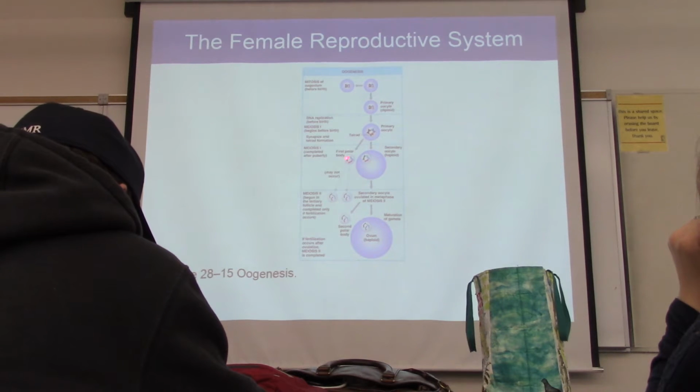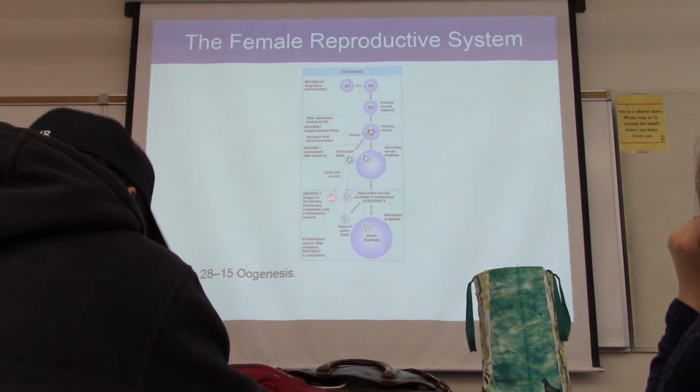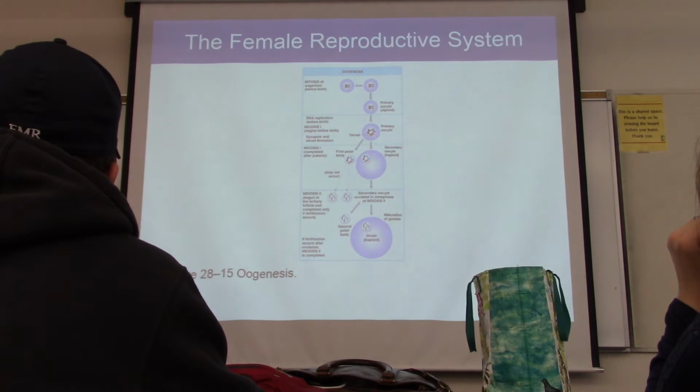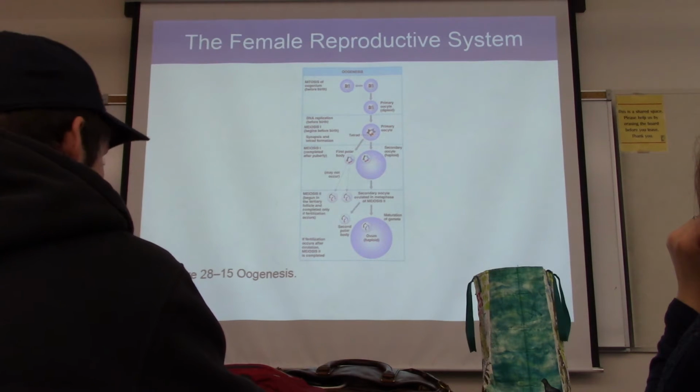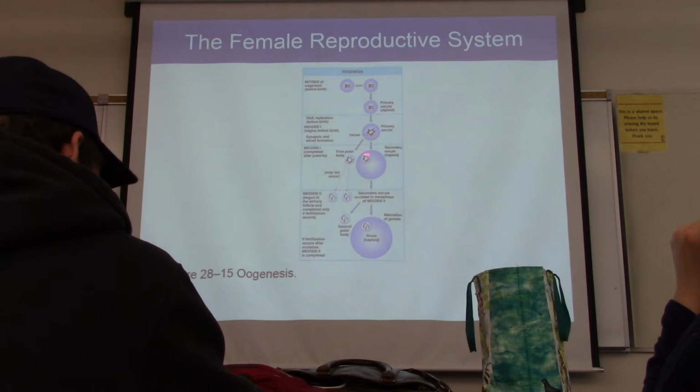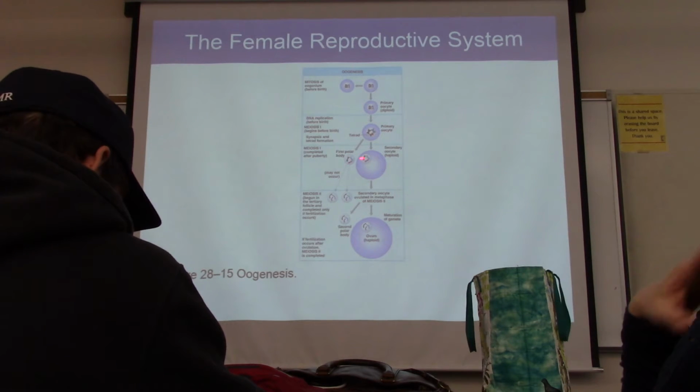So, it says here that the first polar body can split into two polar bodies. That doesn't really happen, and if it did, how would anybody know that? The fact is, this one has all of the cytoplasm for this pair.